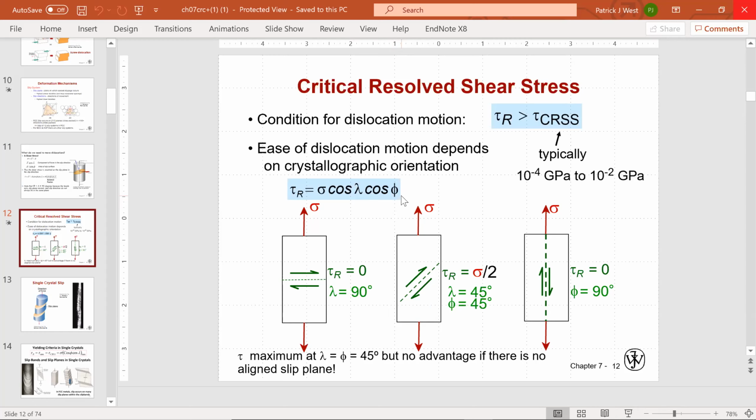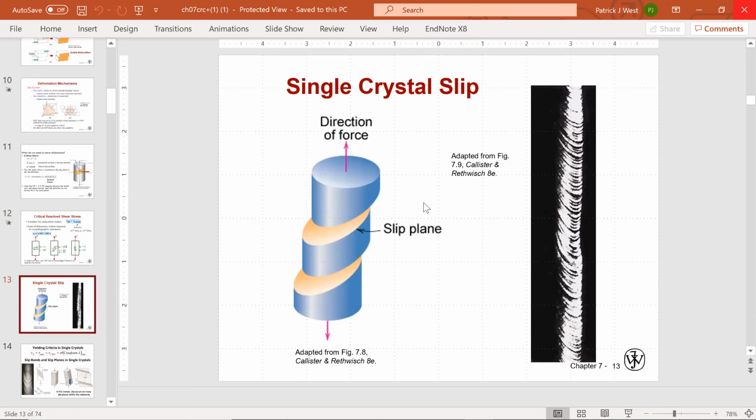When you have the cosine of a number times the cosine of a number, the highest value is if they are both 45 degrees. So the critical resolved shear stress is reached most easily when we're 45 degrees from the plane.